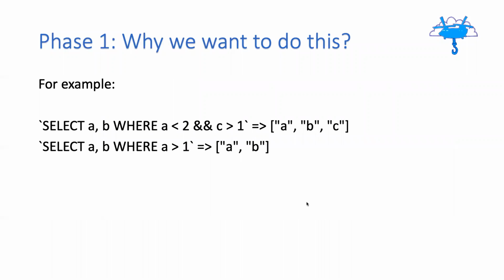The first one is projection-only pushdown for Arrow tables. So what does it mean? For example, in this query, select A, B where A is less than 2 and C is greater than 1, we will need 3 columns in the table. Even though we only need the data from columns A and B, we still need column C for the predicate.